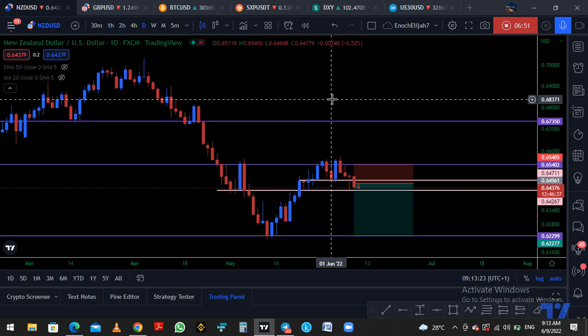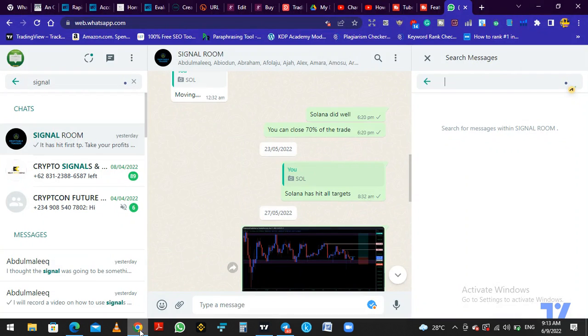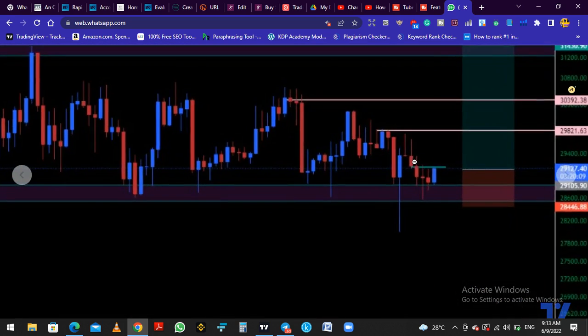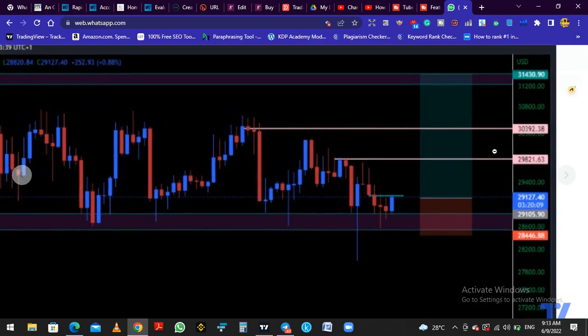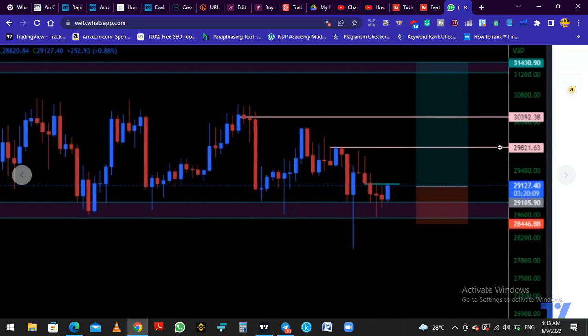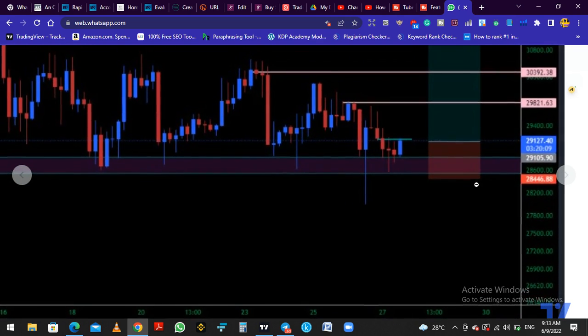Let me show you an example now. Let's say you take this trade. This is our first TP, right? And price comes to this first TP. What should you do? Originally your stop loss is here.